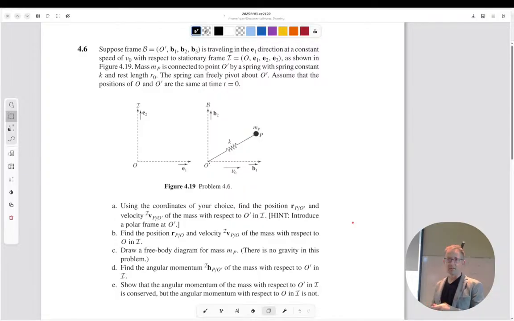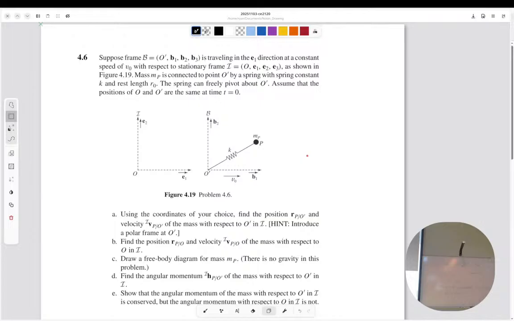Then we look at what forces are involved, what kind of torque, what kind of moment is there. And then we compare a moving frame to our fixed, unmoving frame.